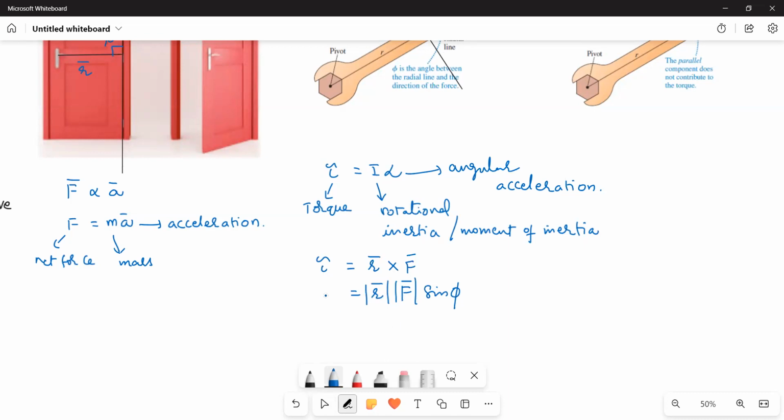This is the general formula. Obviously here R is measured in meters and force is measured in newtons. Therefore, torque is measured in newton meters.